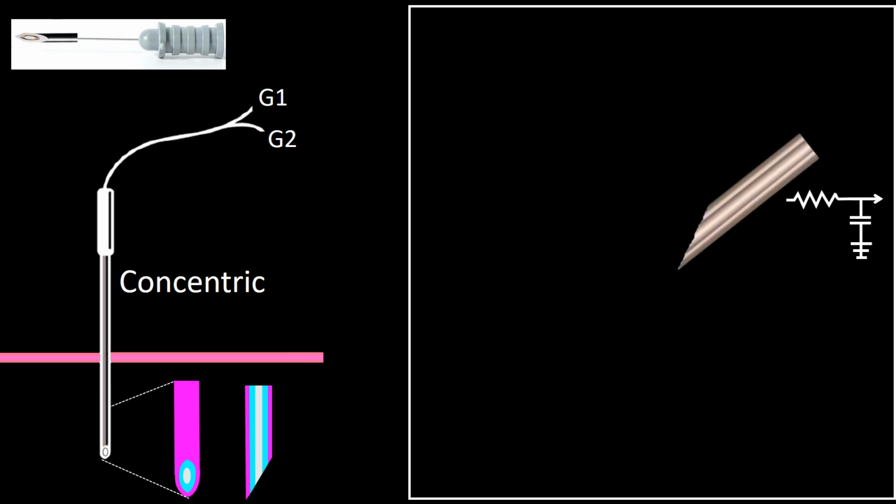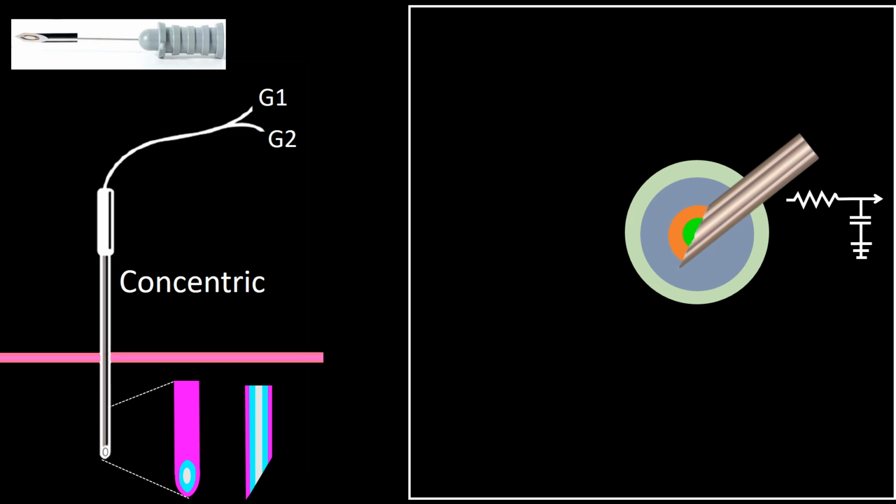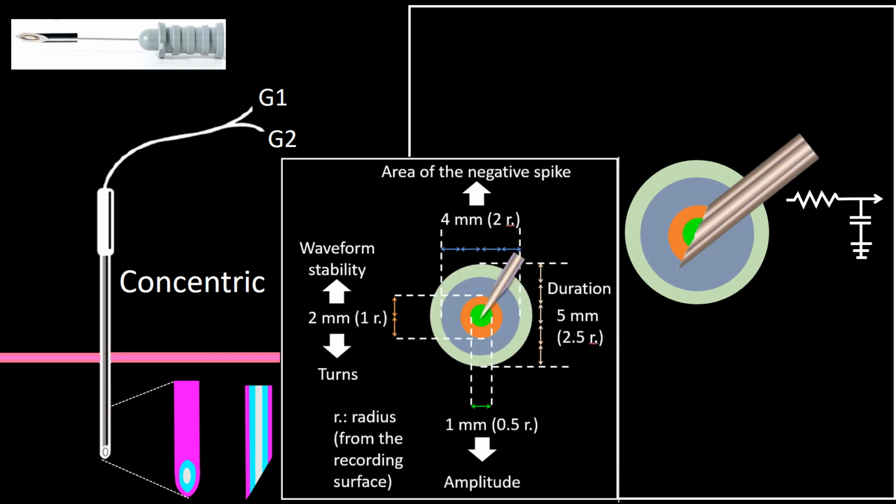I will now add on the right side of the frame the figure of the concentric electrode, as you can see here, the symbol of high-frequency filter, and the uptake area of the concentric electrode for the different motor unit action potential parameters. The uptake areas are being represented following the same rules as we use for monopolar needles, which I have introduced here in a reduced dimension for comparison.